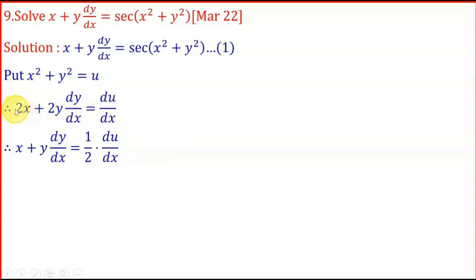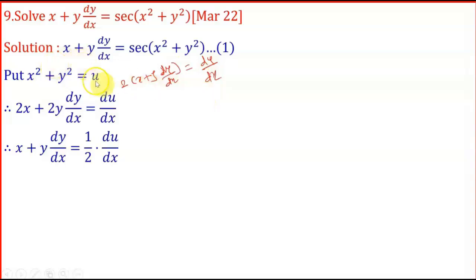After taking 2 as common, you will have 2(x + y dy/dx) equals du/dx.